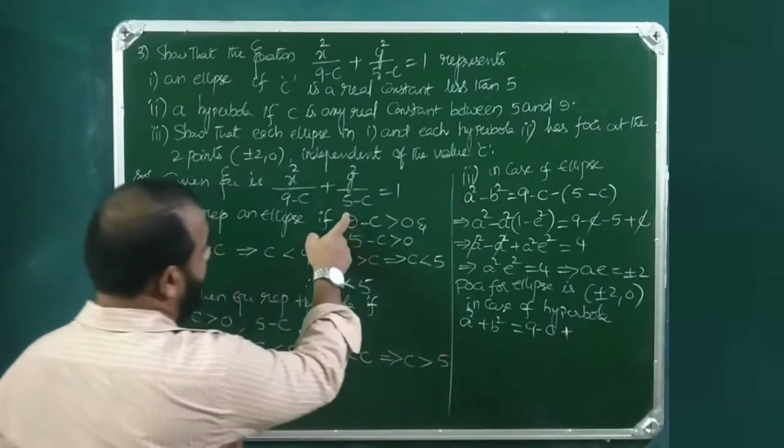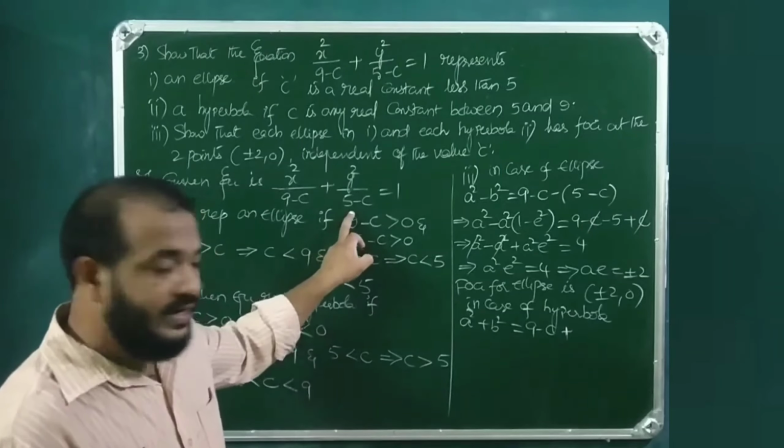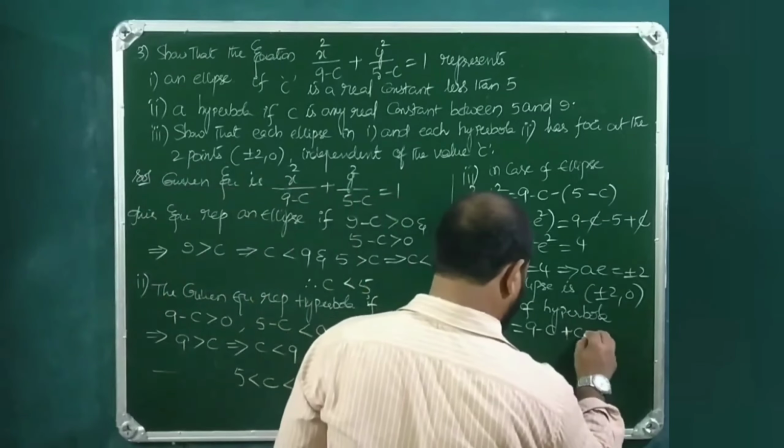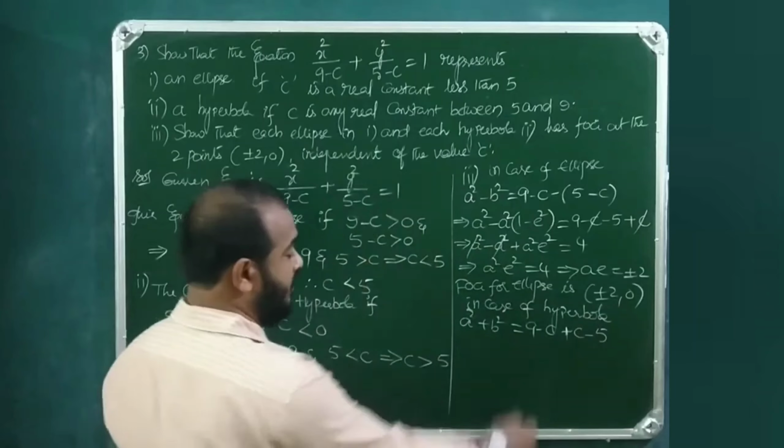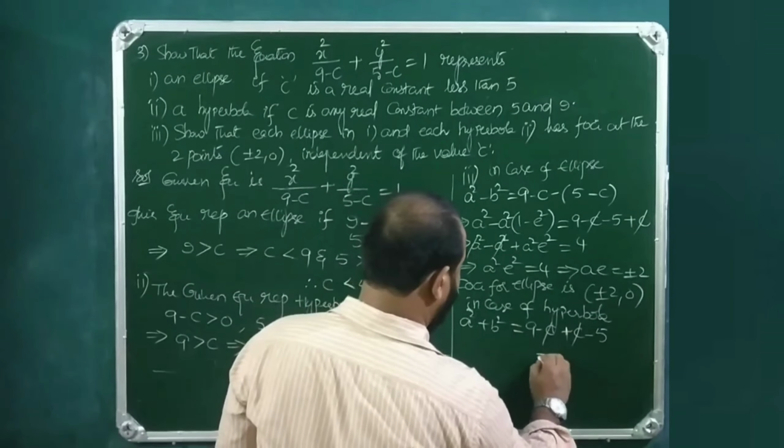B square is c minus 5 because this should be less than 0, right? So this is c minus 5. C gets cancelled. This is equal to 4.